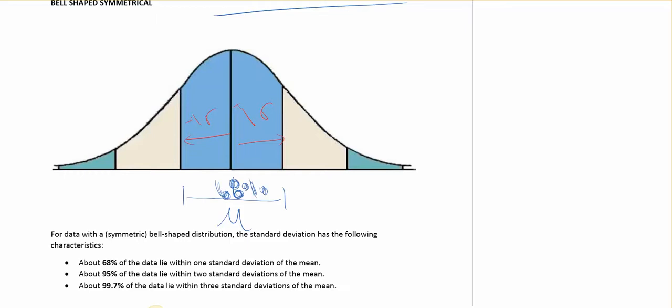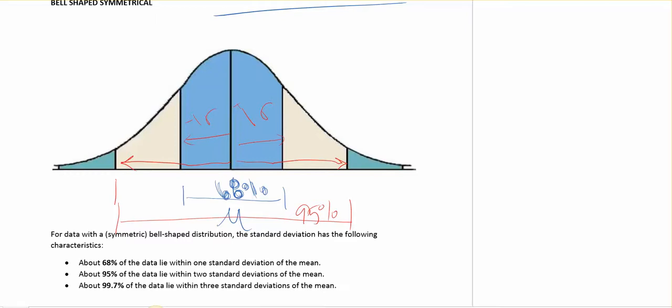Now, if you go 2 standard deviations away, so 1, 2, and we go all the way to here, and we go back 1, 2, all the way to here, then we're told that from here all the way to here represents 95% of our population, or of our distribution. So 95% of the data would fall between those two values.